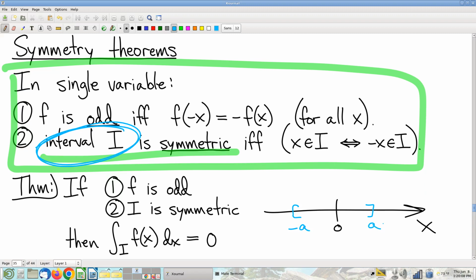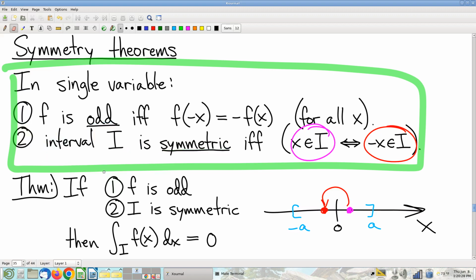And another way to say that is that whenever you have a point in the interval, the negative of that point must also be in the interval. So these are equivalent formulations. Everybody willing to buy that?